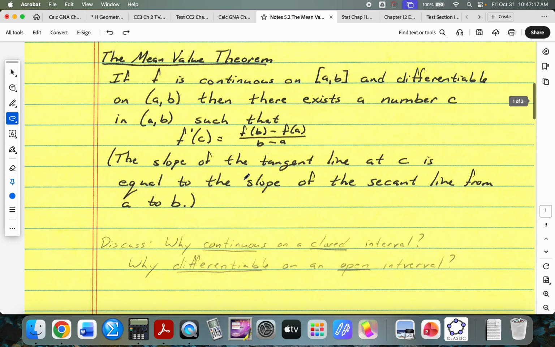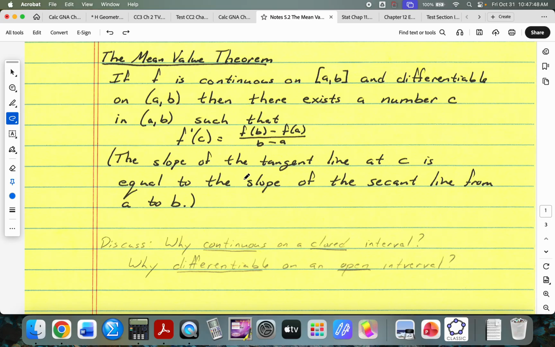There are two qualifications for the mean value theorem. For the intermediate value theorem and the extreme value theorem, we only had to have a continuous function. For the mean value theorem, we have to have a function that is continuous on the closed interval from a to b and is differentiable on the open interval from a to b, so that you can't have any jaggy bits.